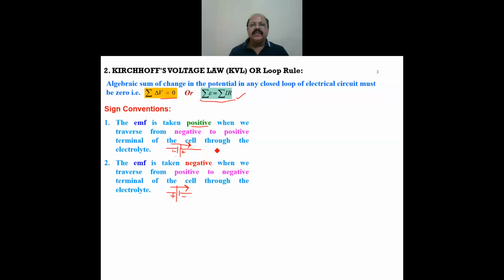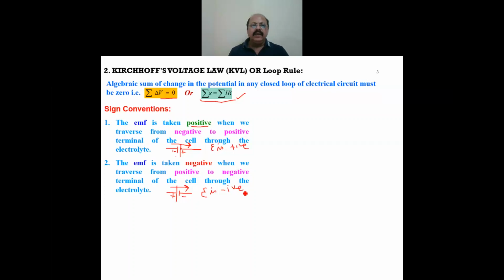So in that case the EMF is positive, and here the EMF is negative. So you just remember the sign conventions, because sign conventions are very important.